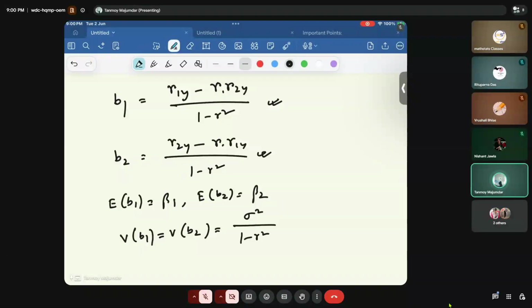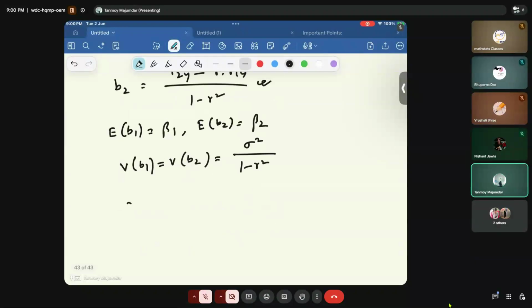If you calculate this, you will get the variance. Now look, if r is 0, that means variance of b1 equals variance of b2, that is sigma square. So it is blue.